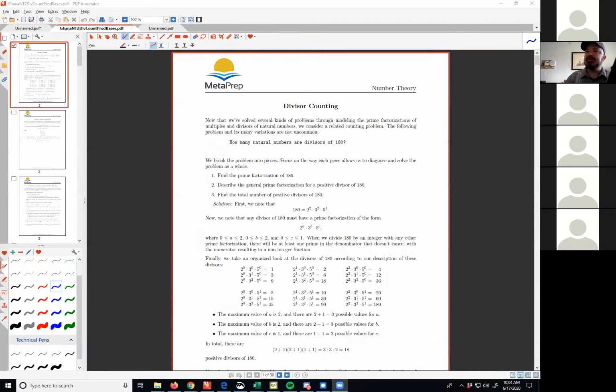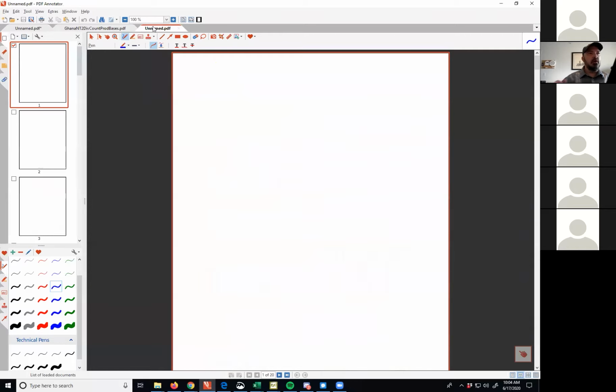Since you've already talked about divisor counting a little bit, what would be the first thing you'd want to do? Prime factorization of 180. Okay. What's the prime factorization of 180? Two squared, 3 squared times 5 to the power 1.